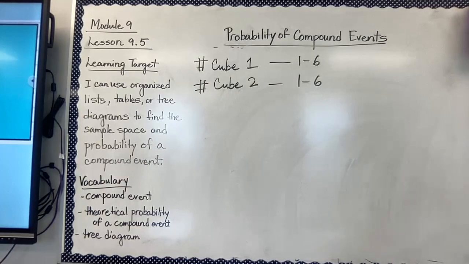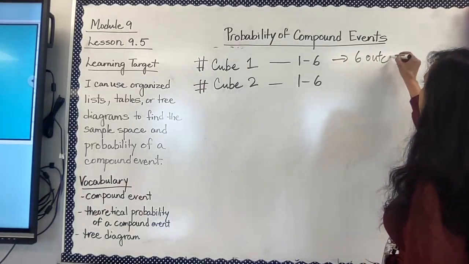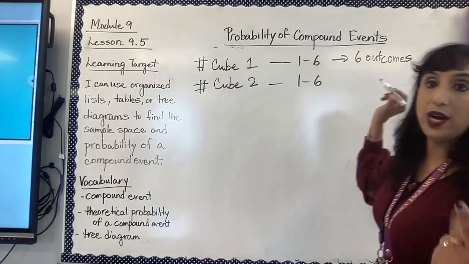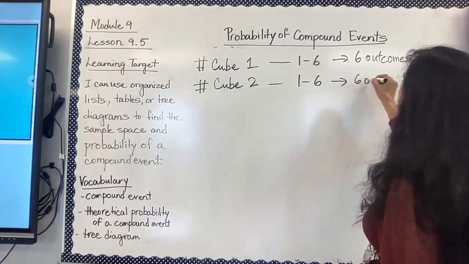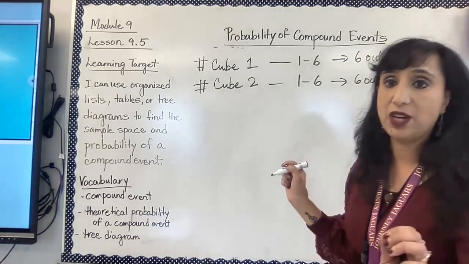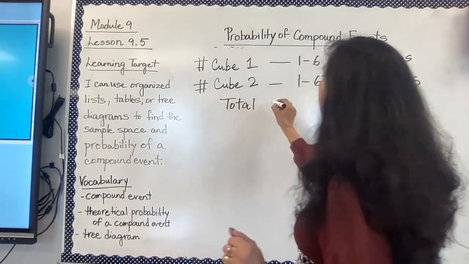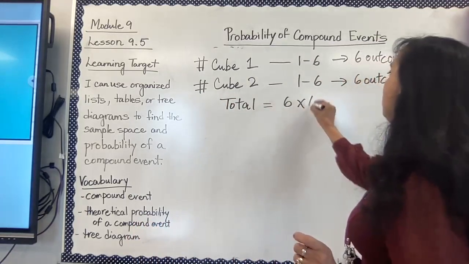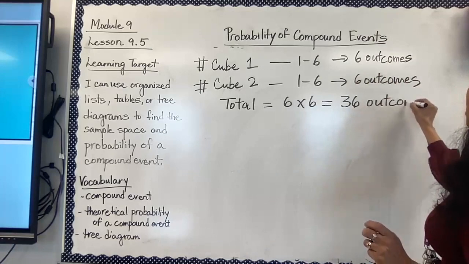Now what is the total number of outcomes that I can have? So this has 6 outcomes because you can roll 1, 2, 3, 4, 5, or 6. Same thing with the second number cube. I have 6 different outcomes. So for total outcomes, it is going to be 6 times 6, and that should be 36 outcomes overall.